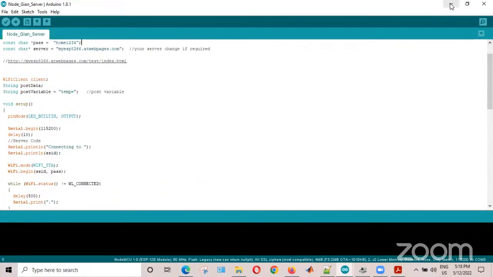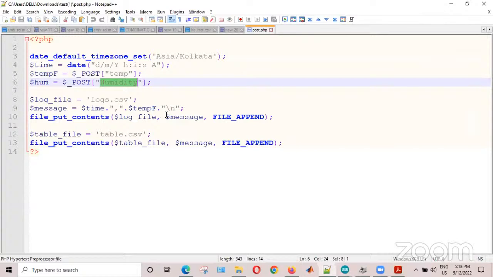These variables are recognized at our server. So we are making a POST request, and therefore I am using this function which is present in PHP, which identifies this POST request. As soon as this POST request is made, the temperature data will go to this variable named temp f, and humidity will go to this other variable hum.